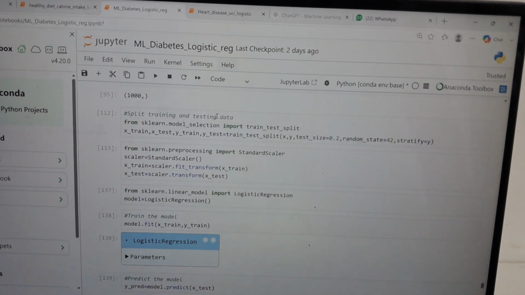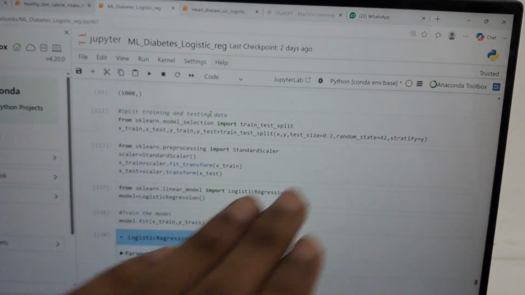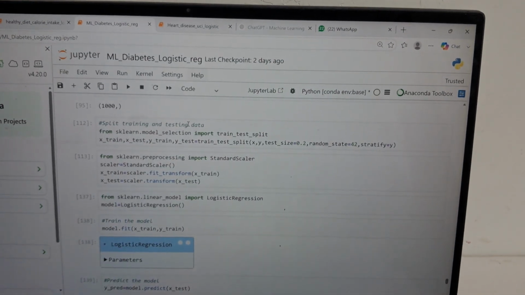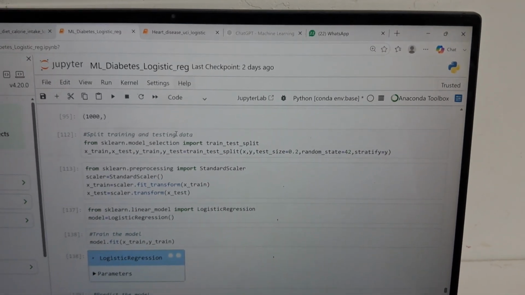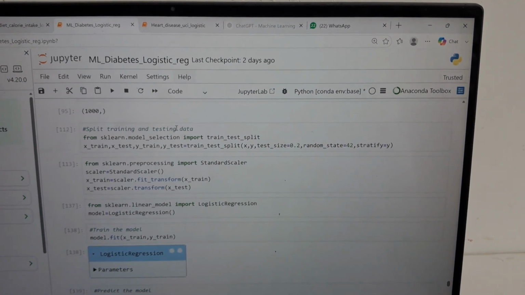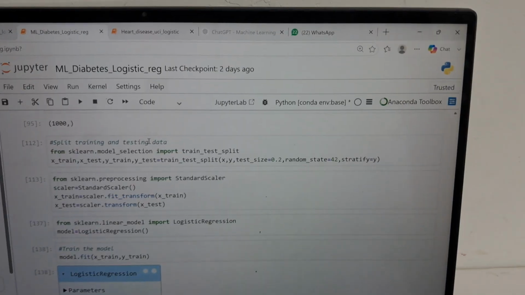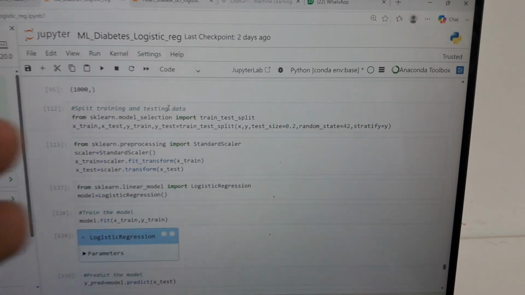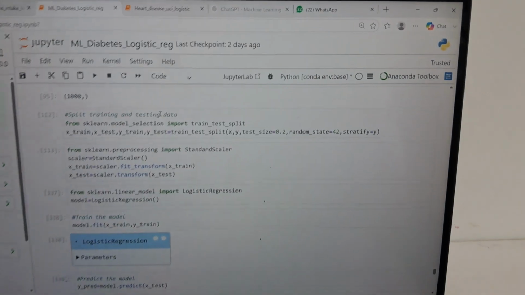Training data means out of 100% rows, the 80-20 rule I have taken, 80 or 70% of rows will go for training. The remaining 20% or 30% of the rows will go for testing. So I'll test the data so that I'll understand whether it is predicting correctly or not. So a 20% test size means 80% of the data will be training data.